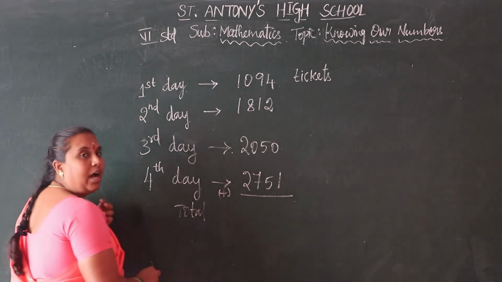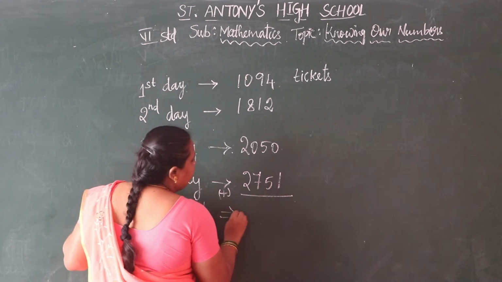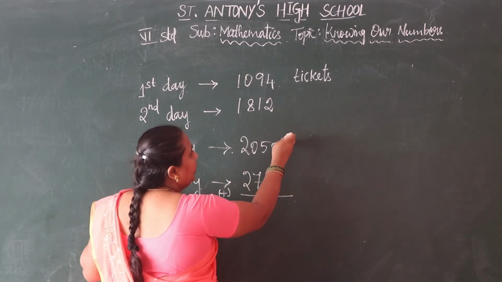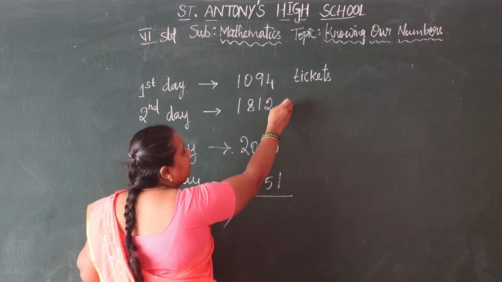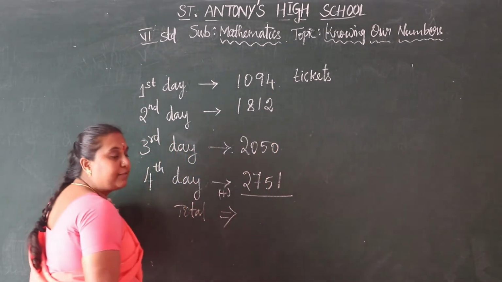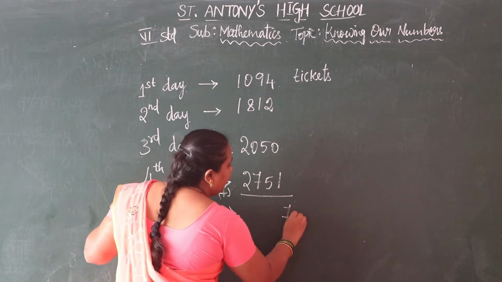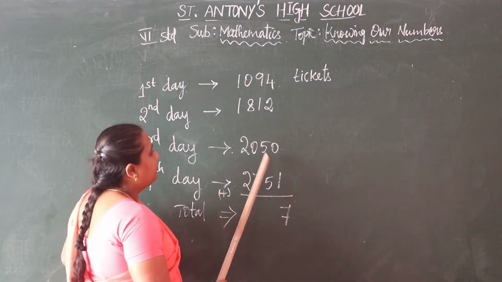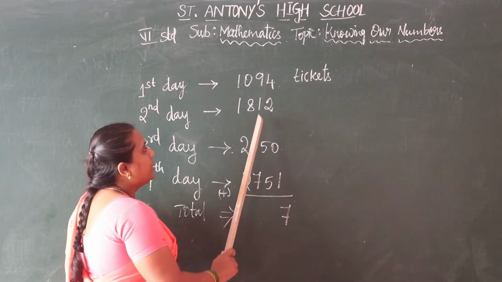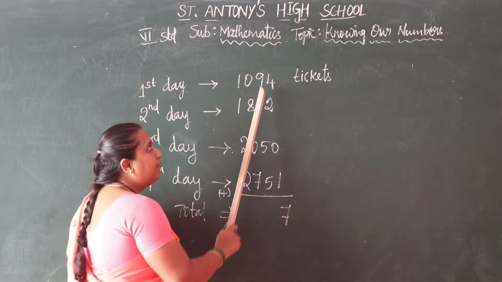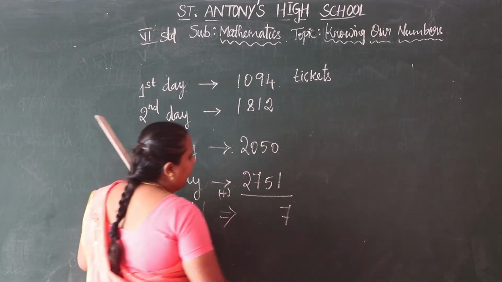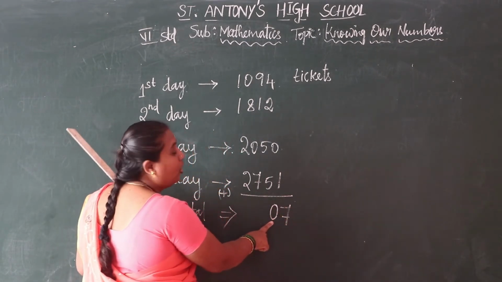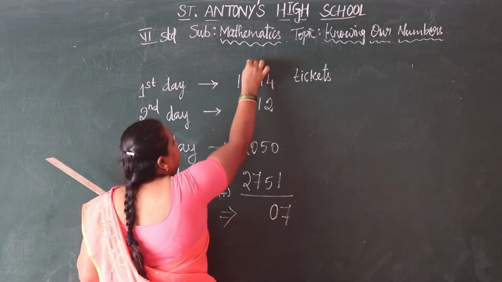So we want to add. 1 plus 0, 1, 1 plus 2, 3, 3 plus 4, 7. Now we move on to the tens place. 5 plus 5, 10, 10 plus 1, 11, 11 plus 9, 20. For 20 we write 0, and 2 is carrying here.